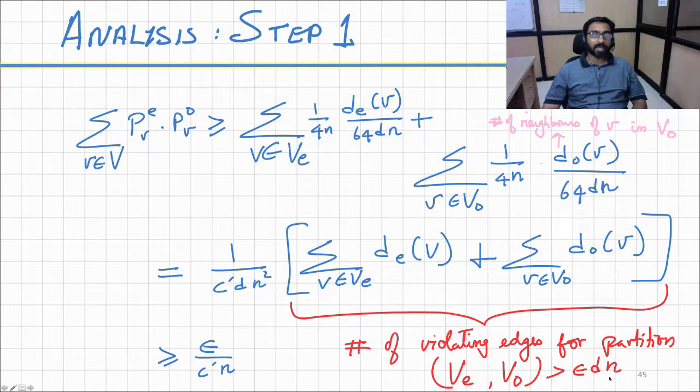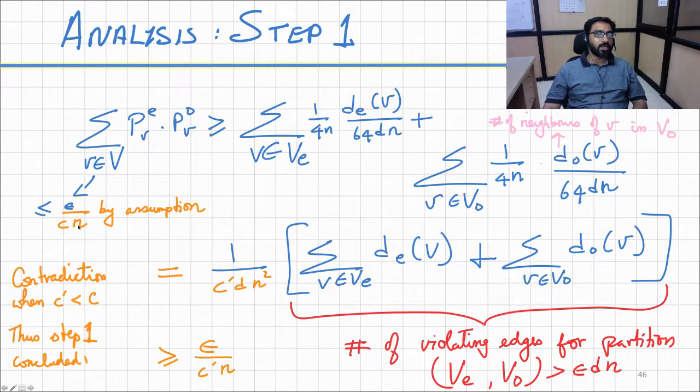So if we plug this epsilon dn over here, we will end up getting a bound of epsilon over c prime n, because this dn will cancel out with this d and one of these n's. So we'll be left with this summation being at least epsilon over some c prime n. But keep in mind, our assumption was that this giant summation is actually less than epsilon times cn, and this is our assumption that we started off with.